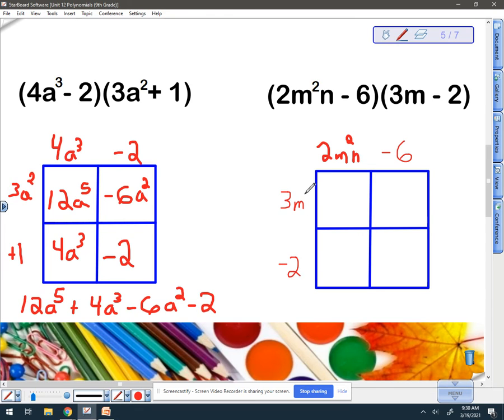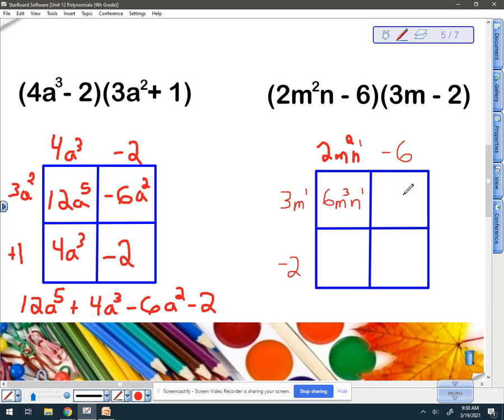All right, so multiply these two. 3 times 2 is 6. I've got an m, I've got an m and an n. For the m's, a 1 and a 2 make 3. And since there's an n here but no n here, it just stays the same. So that would still just be 1.